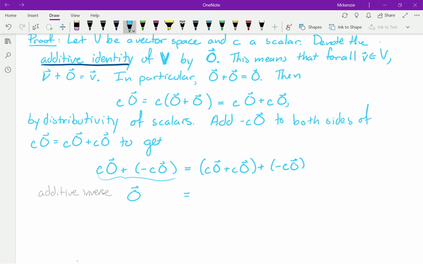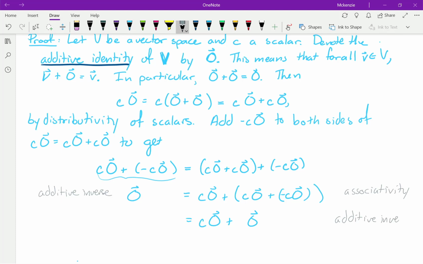Here we don't yet have the additive inverse right next to C0, so we should rearrange this first using our associative property of vector space addition. So we'll put associativity here. And now we have that this is C0 plus 0, okay, so this would be our additive inverse.